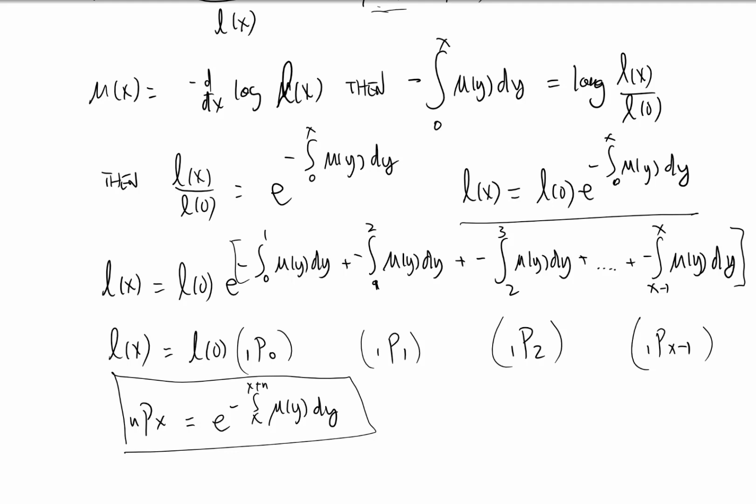So when we talk about Gompertz mortality or the other mortality models, we'll either be talking about the nqx's or the mu x's. And I think that'll be enough for now.